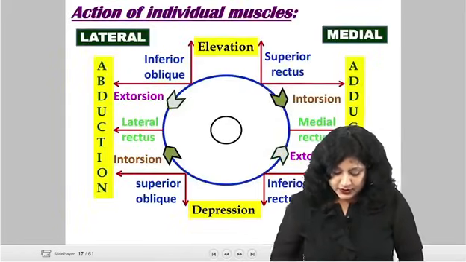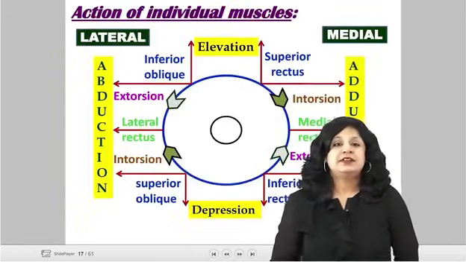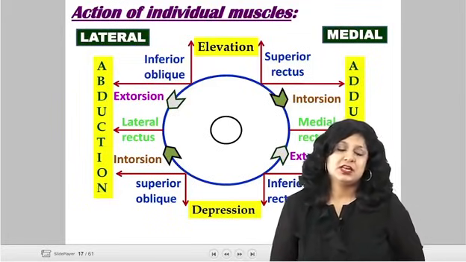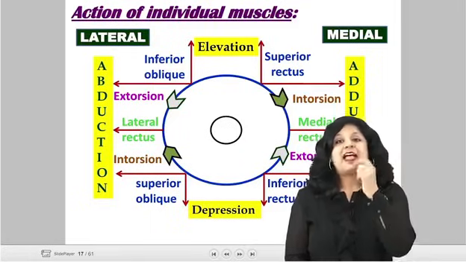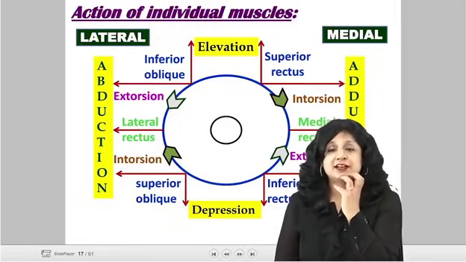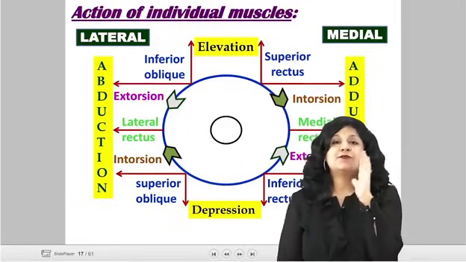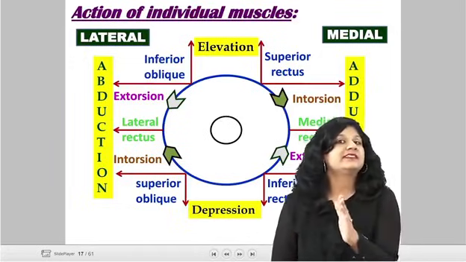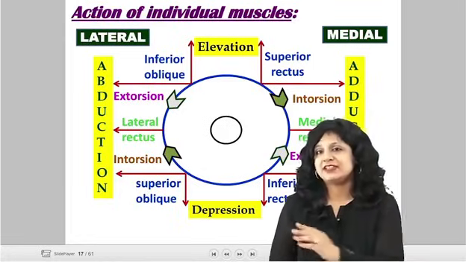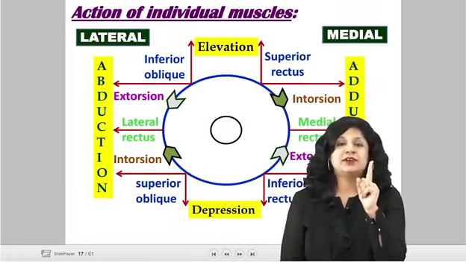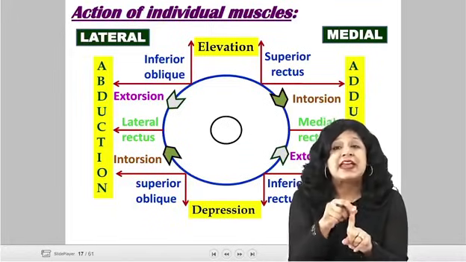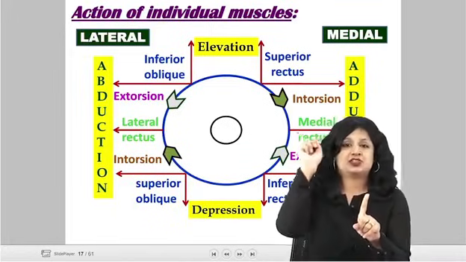Alright. So let's see now the actions of the individual muscles. Though this diagram may look very complex to you, if you follow certain steps, it will become very, very easy for you. First of all, remember that the rectus muscles will move straight in the same direction.